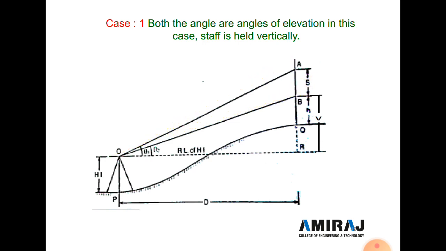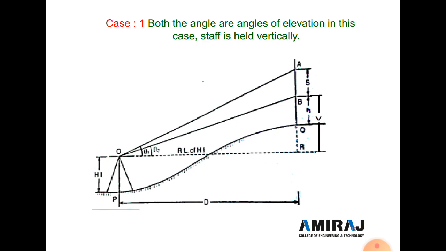S is the staff intercept, the upper and lower crosshair difference, and V is the vertical distance from the horizontal line of sight to the lower crosshair reading, and h is the distance between the ground level and the lower crosshair reading. HI is the height of the instrument.